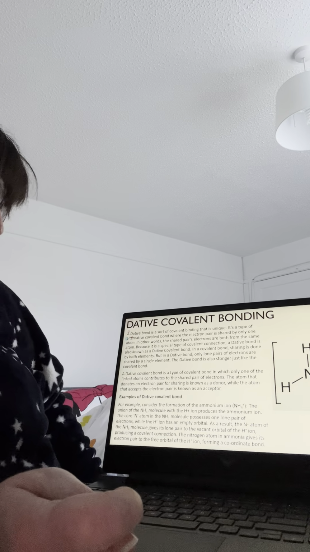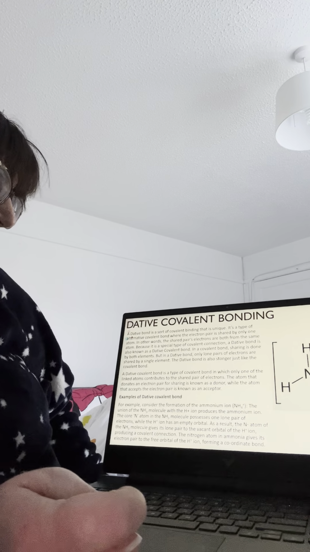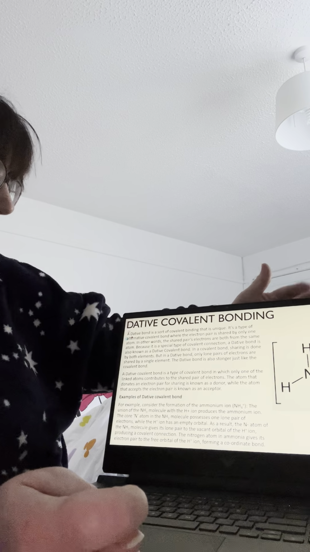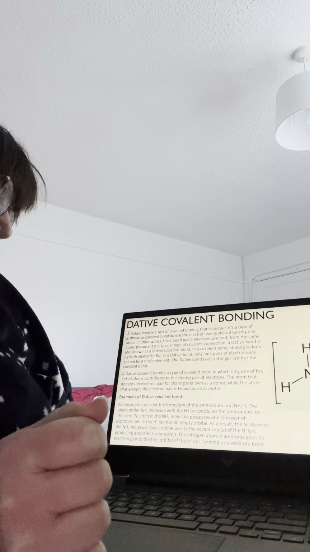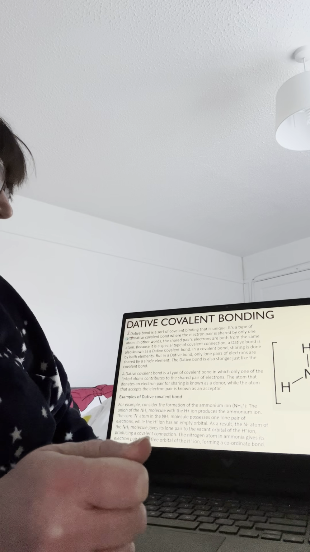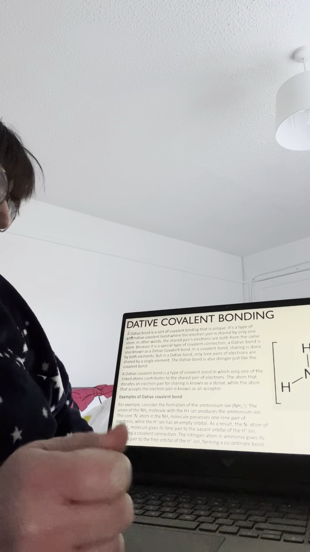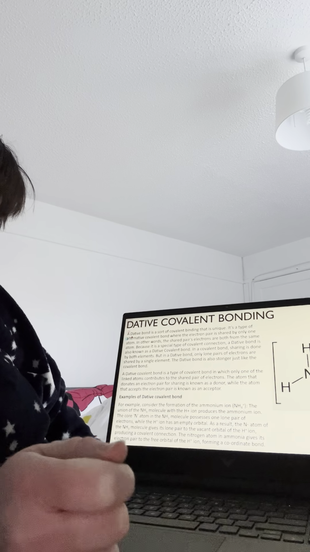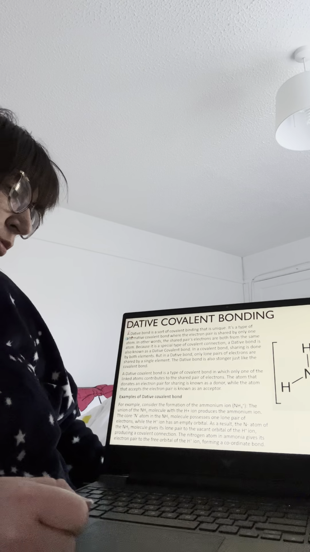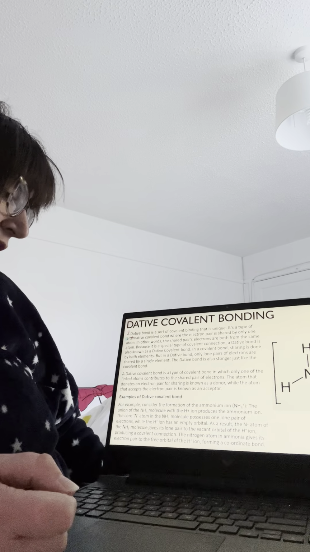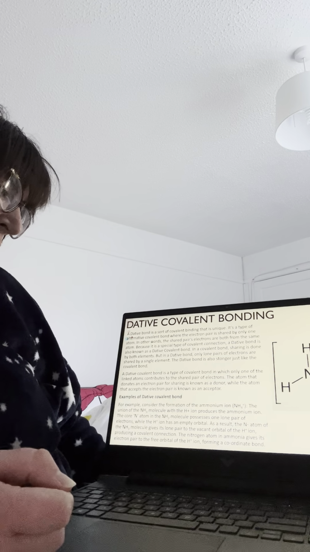For example, consider the formation of the ammonium ion, which is the diagram over there. The union of the NH3 molecule with the H+ ion produces the ammonium ion. The central N atom in the NH3 molecule possesses one lone pair of electrons, while the H+ ion has an empty orbital.